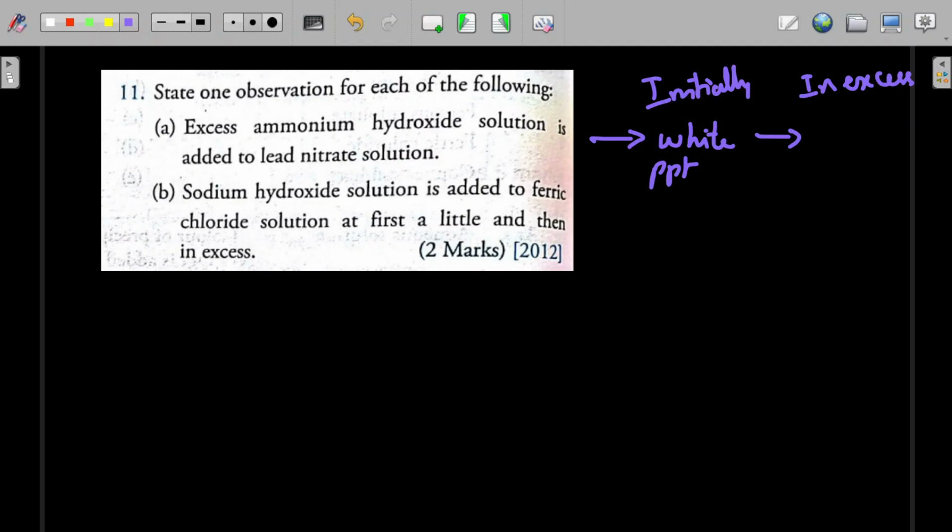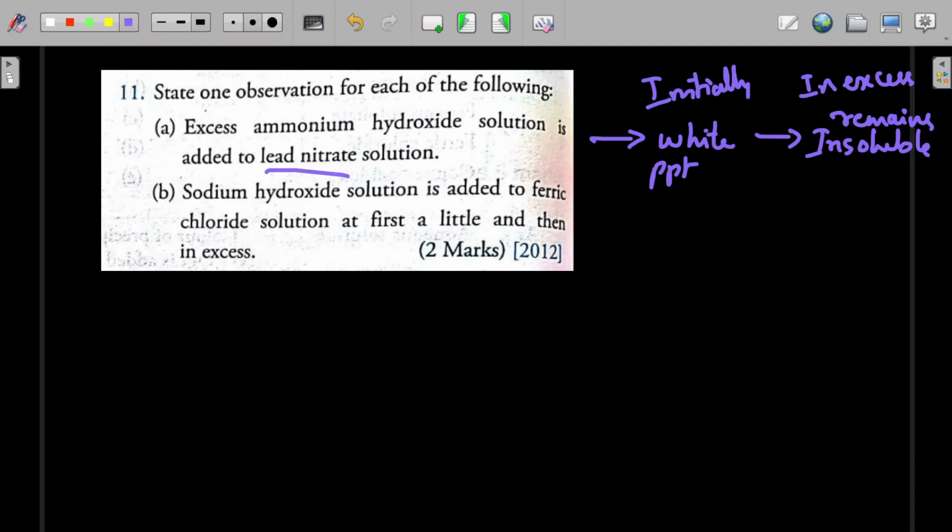In excess of ammonium hydroxide, only two are soluble: one is zinc, another one is copper. So for lead, you have to write that it remains insoluble. If they ask only about excess, write both initially and in excess, because without writing that a white PPT is formed initially, how can you write it is soluble? Whatever they give you, always write both: initially what happens, in excess what happens.